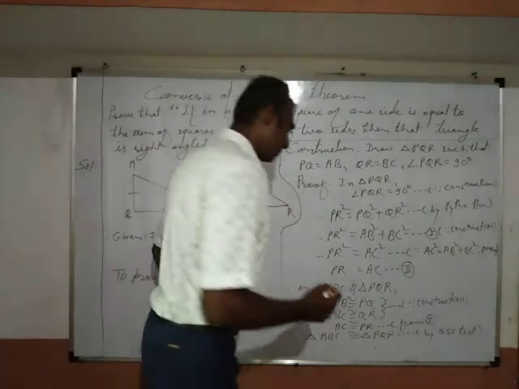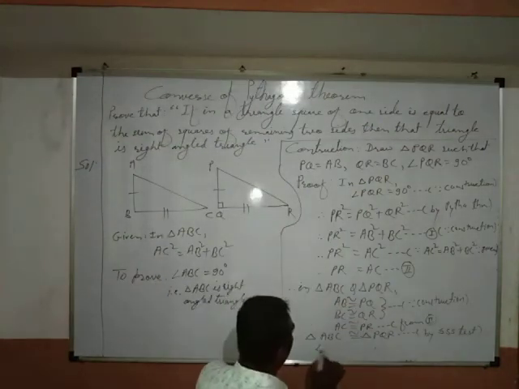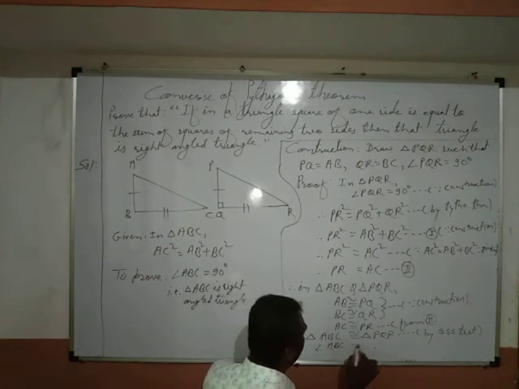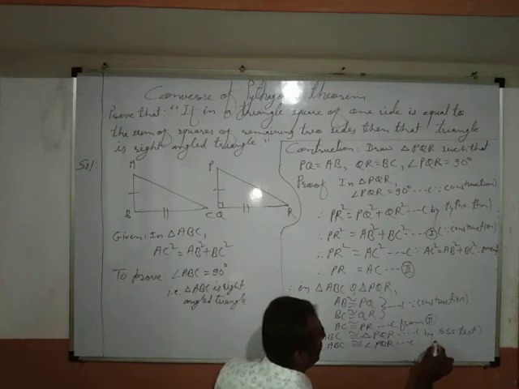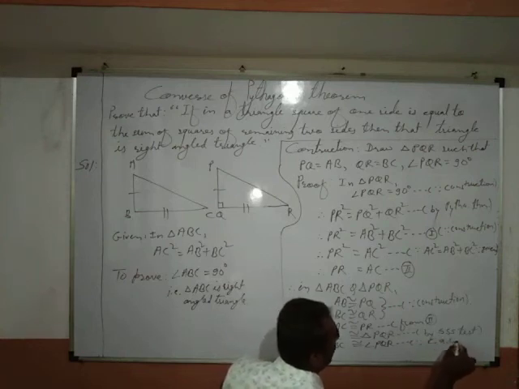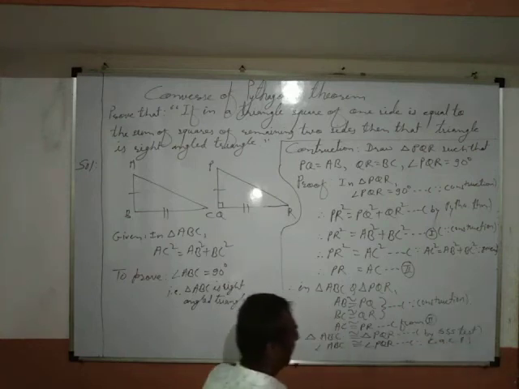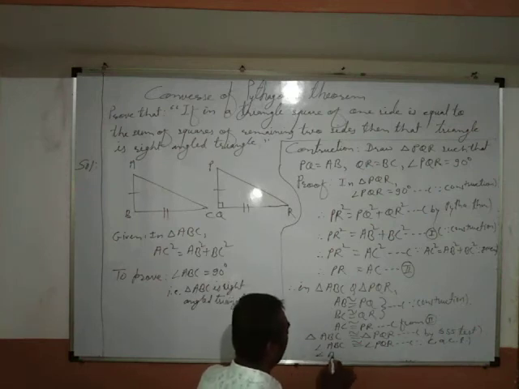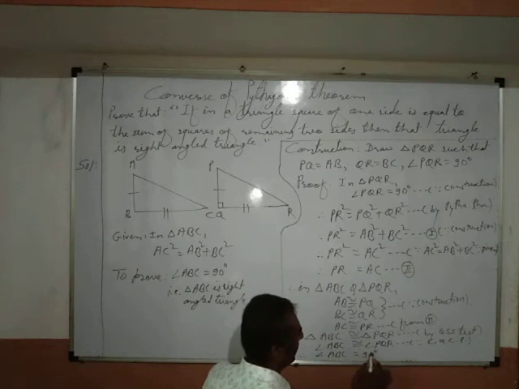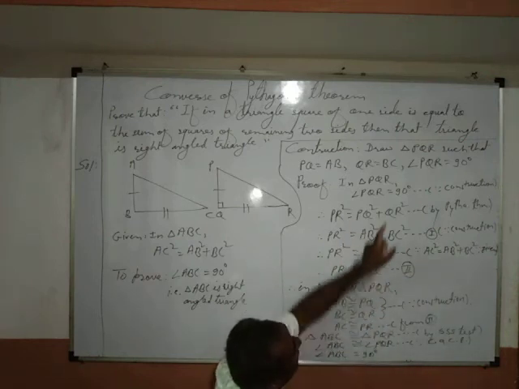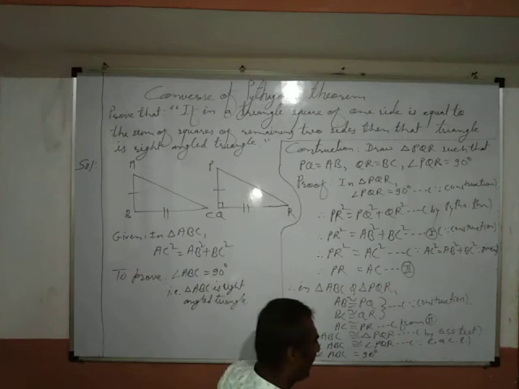Okay. Therefore, let's mention here angle ABC is congruent to angle PQR, since they are corresponding angles of congruent triangles, and therefore angle ABC equals 90 degrees, since angle PQR has measure 90 degrees.